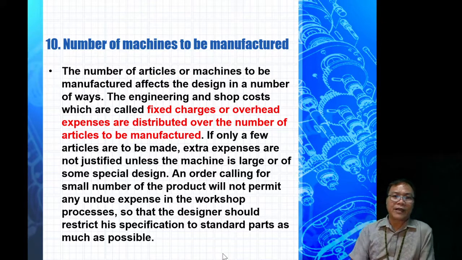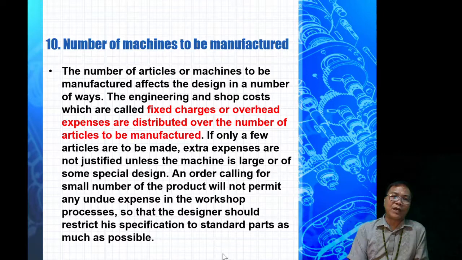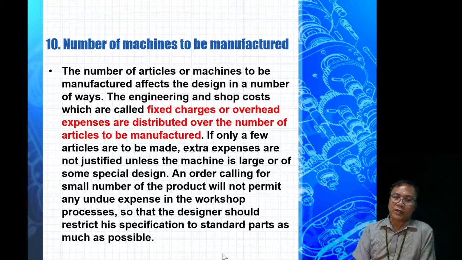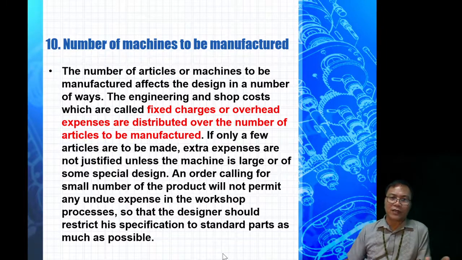When you are designing a machine, you have to consider how many machines could be produced, you have to make a projection. For example, abaca is only found in some parts of Leyte, some parts of Mindanao, and some parts of Luzon, no. Unlike rice or other crops, which are available all over the country.